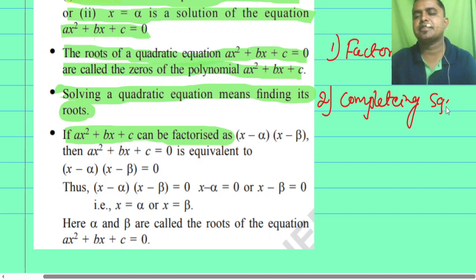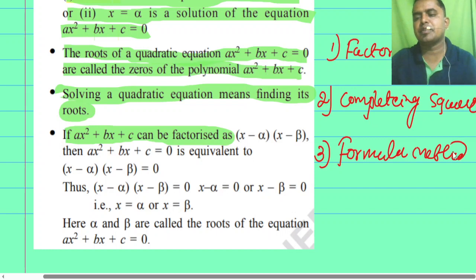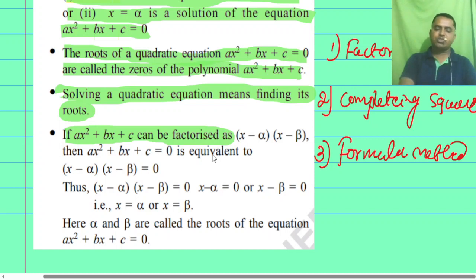Third, the formula method. With these three methods we are solving the quadratic equation. Solving a quadratic equation means we are finding the roots of the equation.